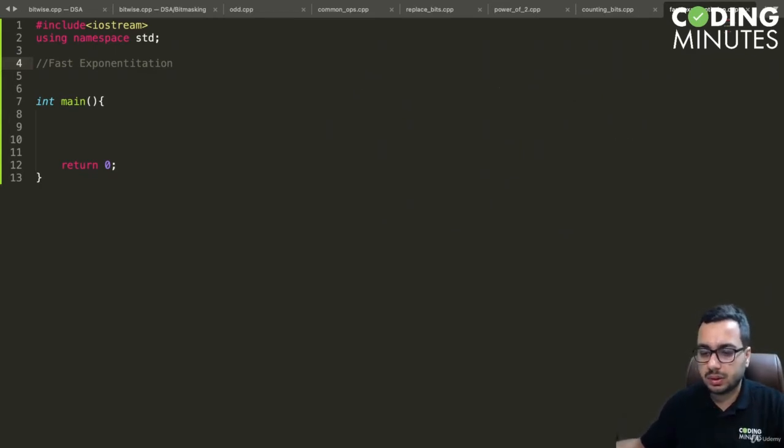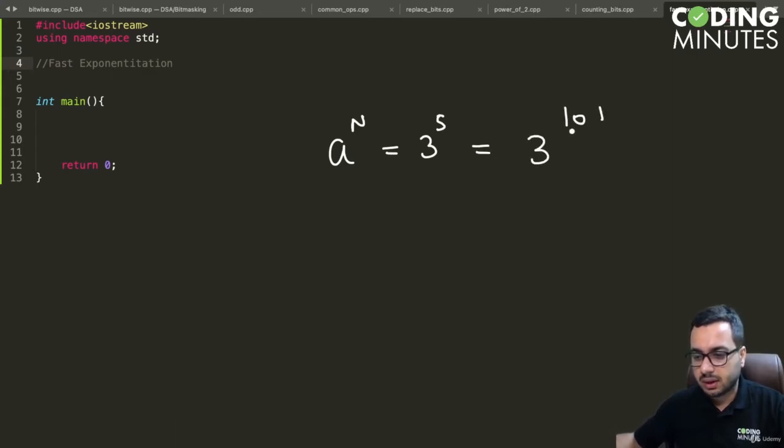So what we need to do is, if we are writing a raised to the power n, let's say a is 3, n is 5, so we will write, okay, 5 is 101, and what we are going to do, we are going to iterate over these positions. Okay, we are going to iterate over the bits of n, and every time we can generate some powers. At this point we can write it as the number itself, a.